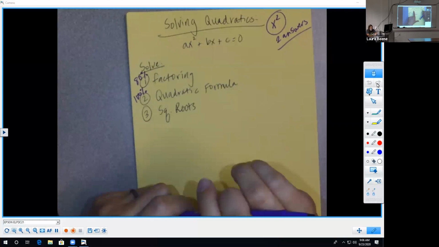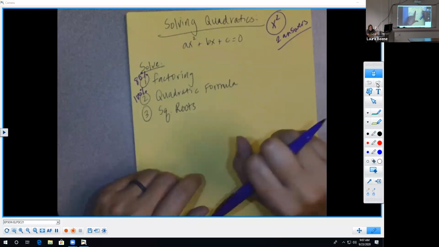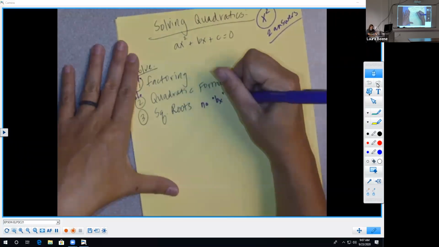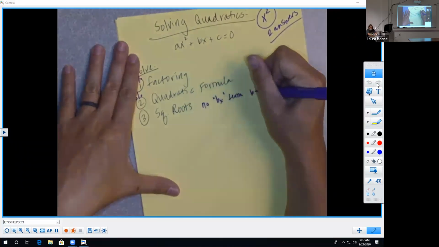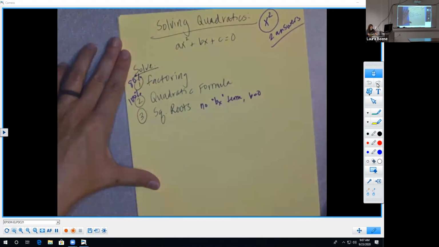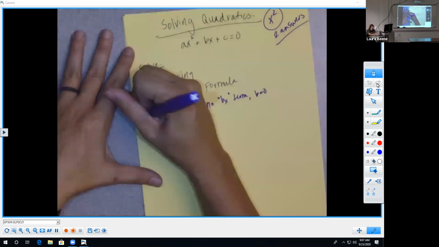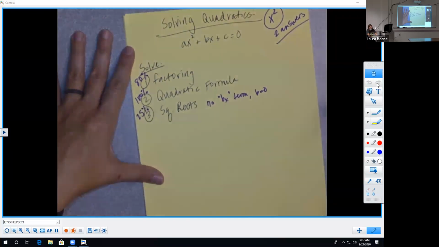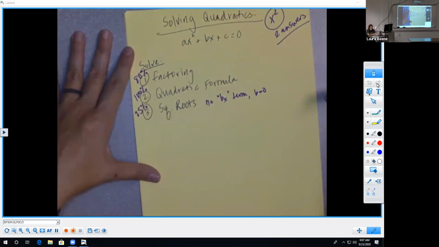It's where you only have that x squared. You don't have this bx term, remember? So this is when you have no bx term, or when b equals 0. So that doesn't happen very often. I would say about 25% of the time. But when it does happen, it's the fastest way to solve that way.